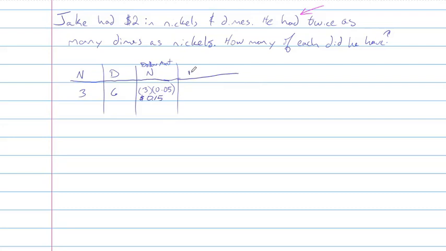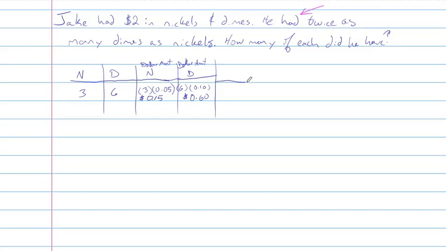Alright, then we did the same for dimes. Let's use clear labels here. Dollar amount is what we're looking for here. Get back on track. So the dollar amount of dimes, now I just took my 6 here and multiplied that times the value of a dime, and that gave me 60 cents.